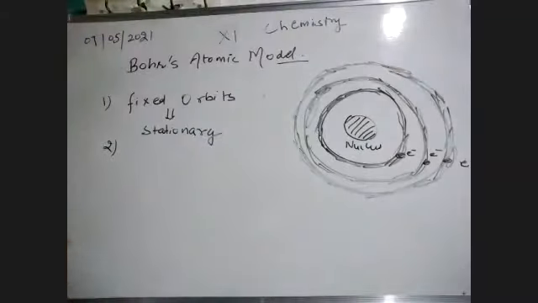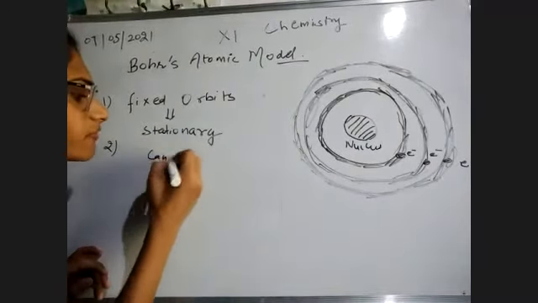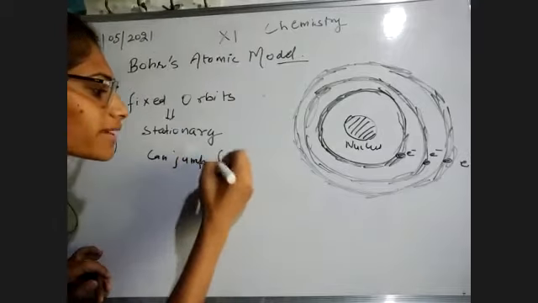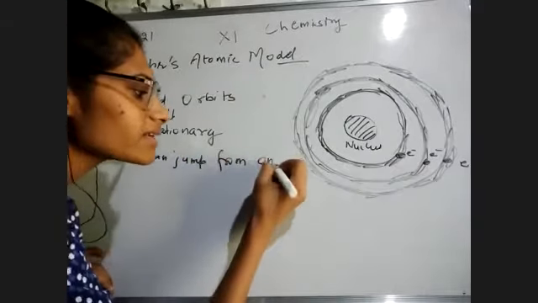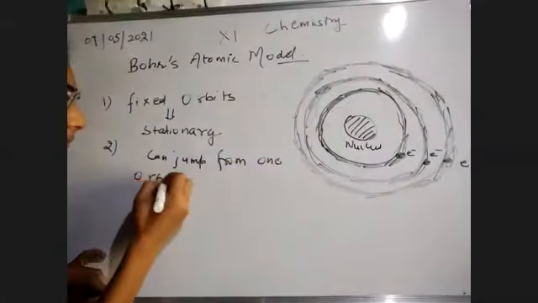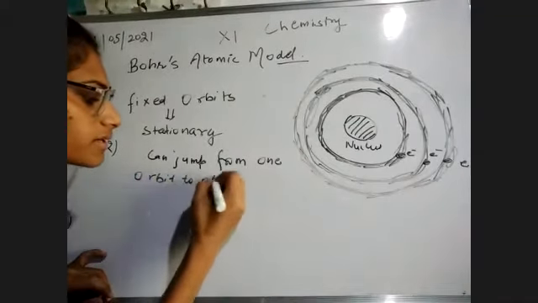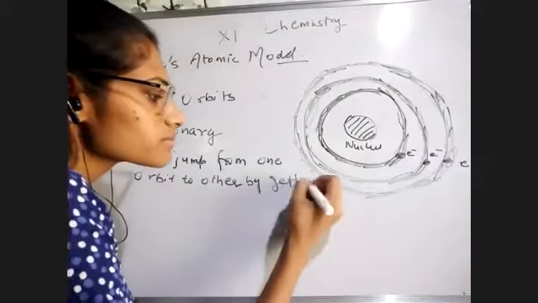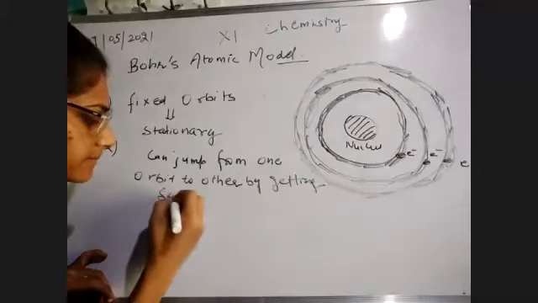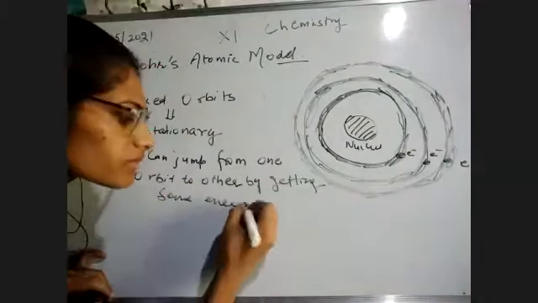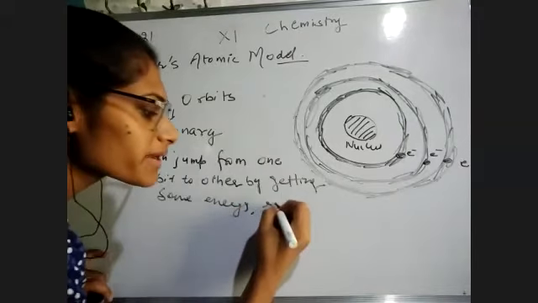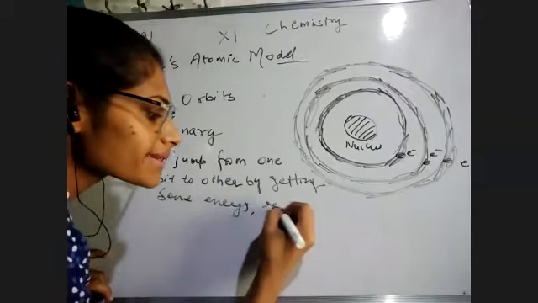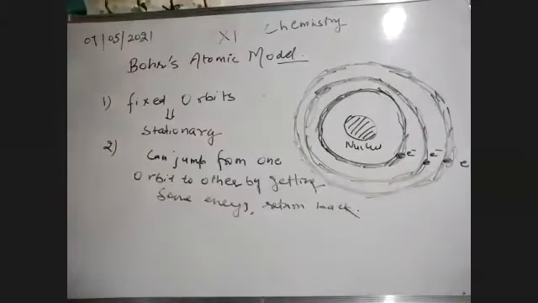So electrons can jump from one orbit to another by getting somewhat energy. This is the second point.